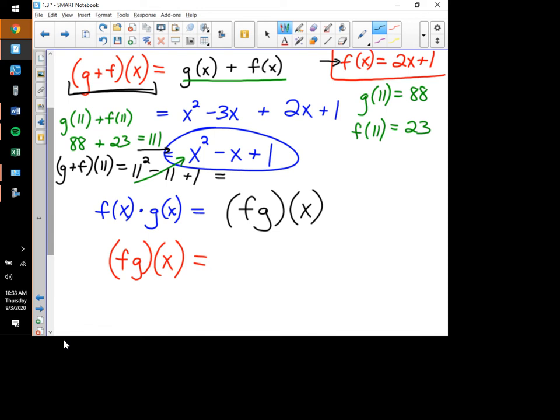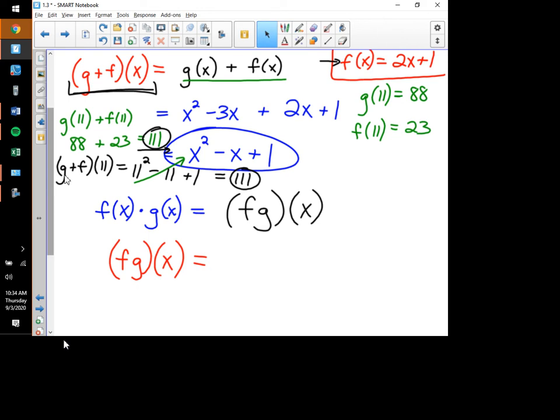And let's see what happens there. 11 squared is 121, minus 11 is going to get us 110, plus 1 is going to get us the same 111 that we got right here. Now, that really shouldn't shock us. I don't know that it does, but this was, again, just totally random.